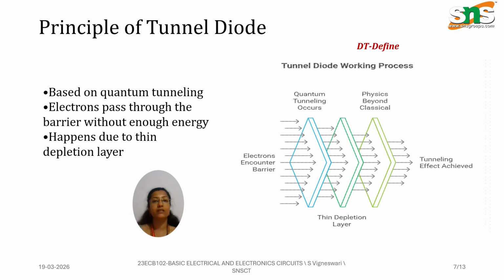Because of a very thin depletion region, electrons tunnel from one side to the other. This happens even at low voltages. This results in very fast current flow, making the device suitable for high speed operation. And mainly this happens due to the very thin depletion layer.